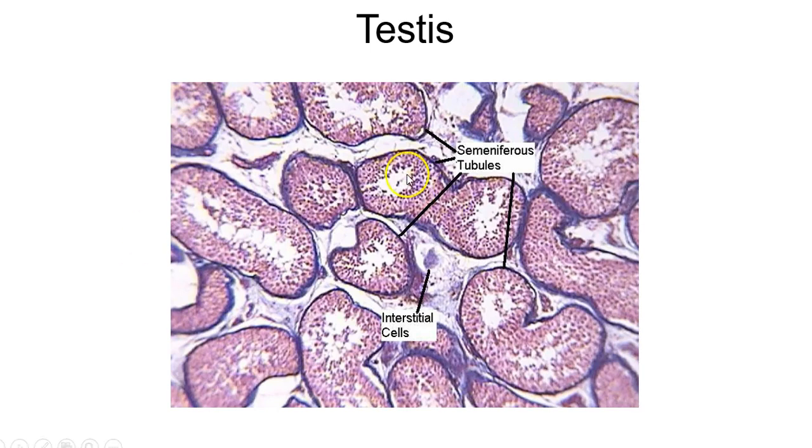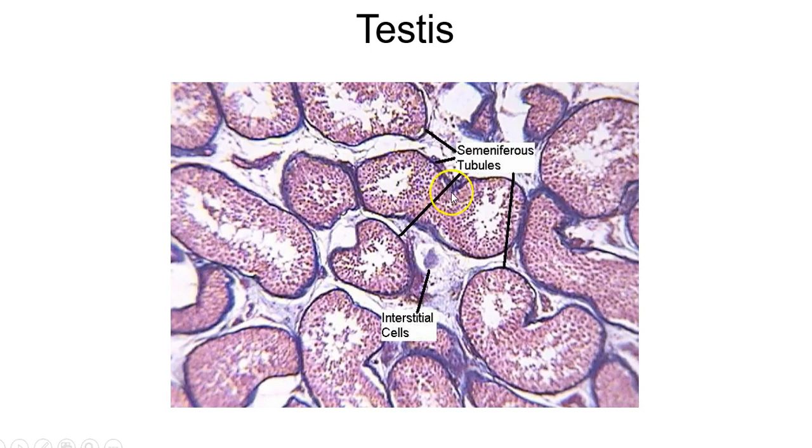So some of these chambers, like this one, and then this one over here, and then this one right here, could all be the same continuous tube folded back and forth, and we're just looking at different places in that tube where it's cut. The cells right along this wall are diploid. Those cells are undergoing meiosis. As they undergo meiosis, they are pushed towards this chamber in the middle, and they will mature in that chamber in the middle as sperm cells.